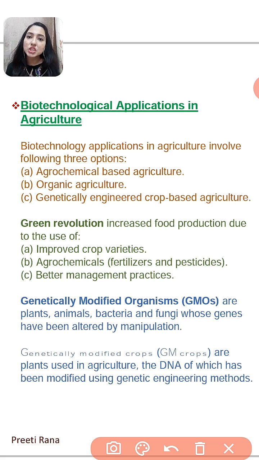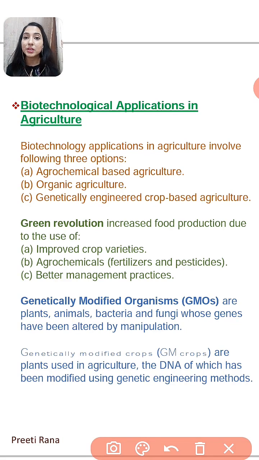And the last one is genetically engineered crop based agriculture, which uses genetically modified crops for increasing crop production as well as the quality of the products formed. This is known as the green revolution, which increases crop production. This includes improved crop varieties, agrochemicals, that means chemicals, fertilizers or pesticides, and third is better management practices.